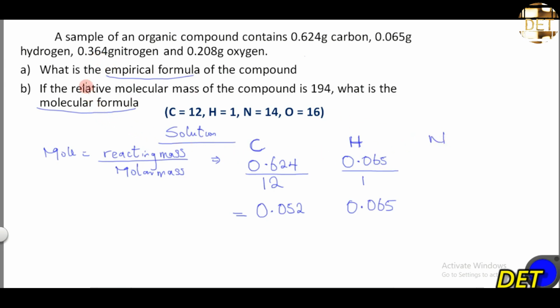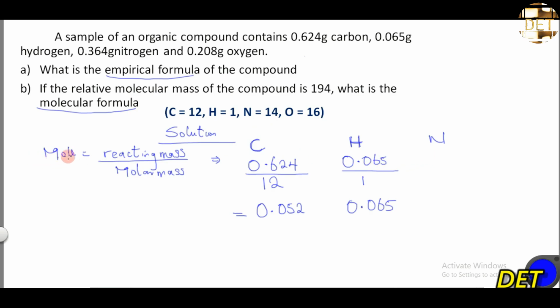Then the next element that I have there is nitrogen. I was given the reacting mass of nitrogen in this question to be 0.364 grams. So mole, like I said, is reacting mass over molar mass. The molar mass of nitrogen is 14, right?